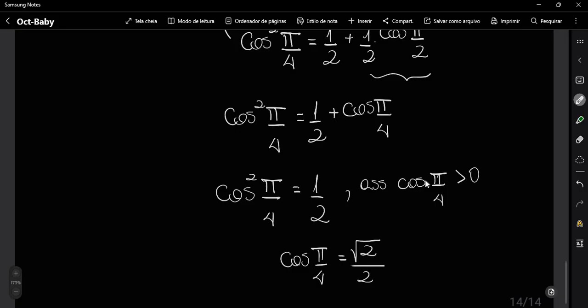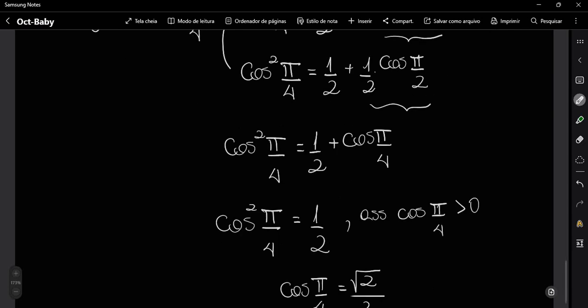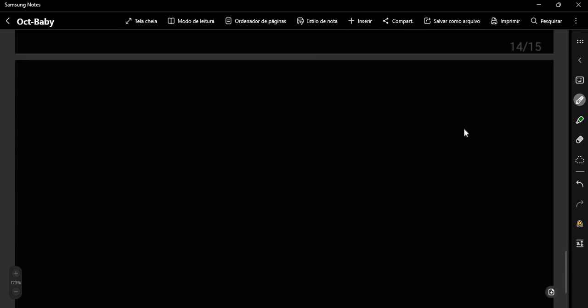Okay, I did a quick research, and well, this is why it's important to know what we call notable angles. So let me sketch this because we will use it from now on.